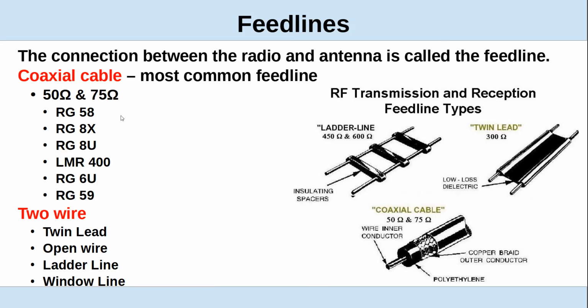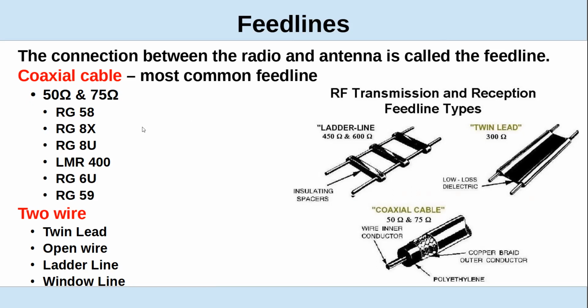There's some other smaller ones. These are probably the most common. Probably 8X is becoming the most common because it's flexible, relatively cheap, easy to work, pretty good shielding. And if you're only doing short runs, you don't care about the loss that much.